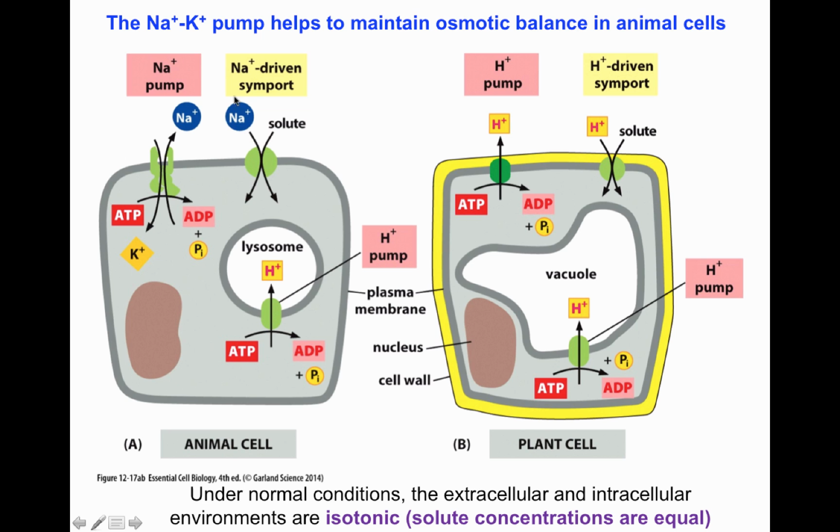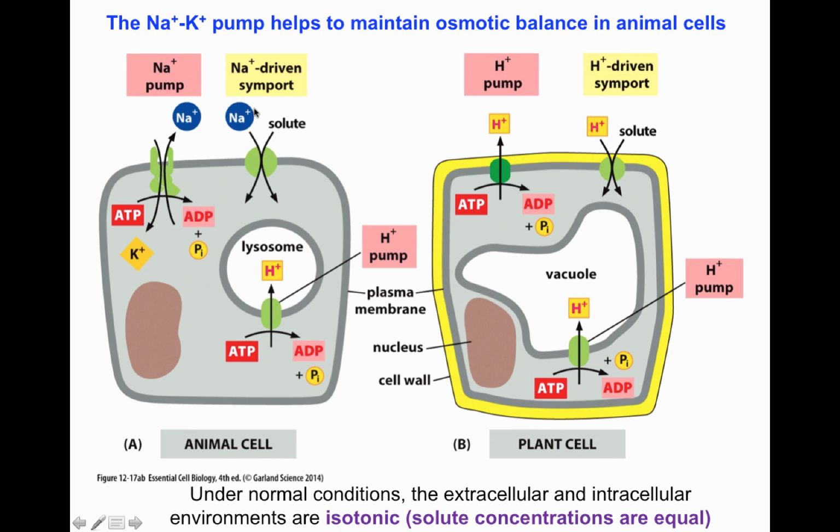Now, one thing that sodium potassium pumps also help with is to maintain osmotic balance in animal cells. Shown here on the left, we have the sodium potassium pump, which is helping to bring in the potassium ions, whereas it's exporting the sodium ions and utilizing the energy of ATP hydrolysis.